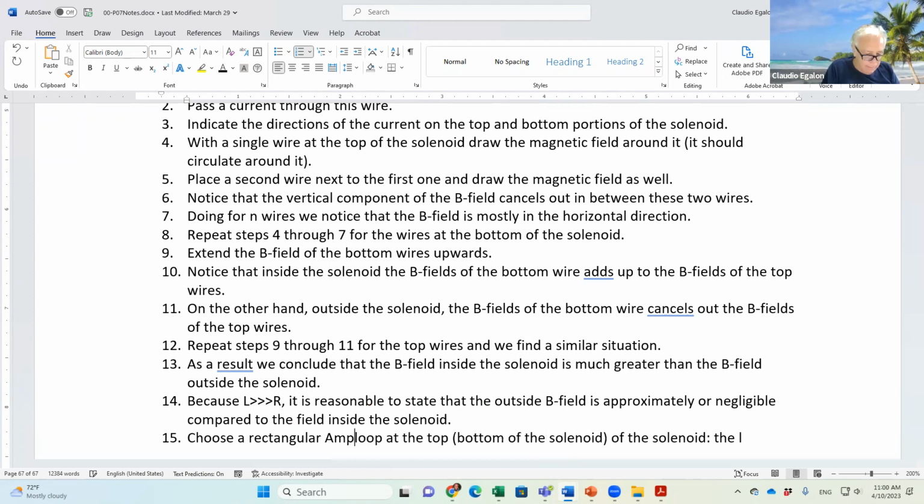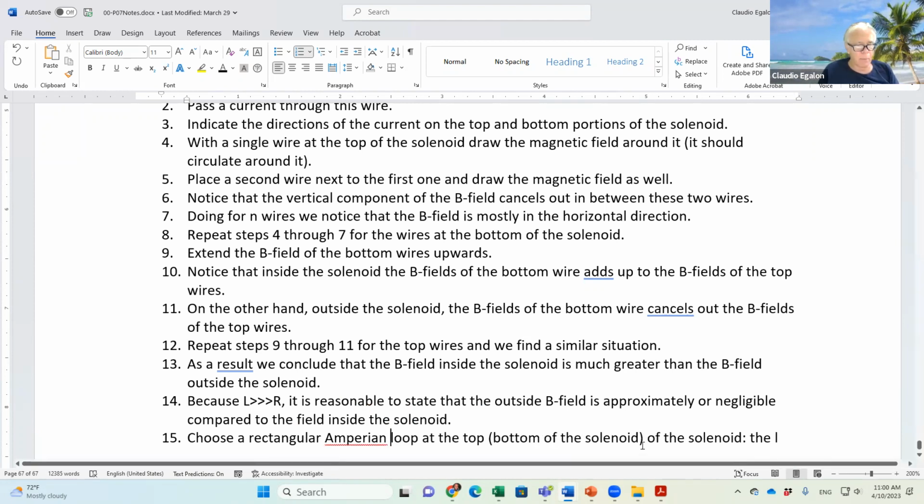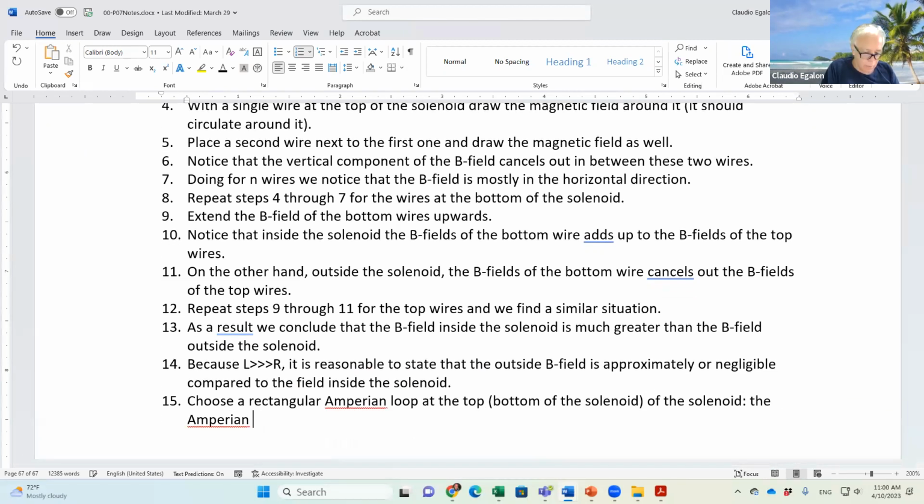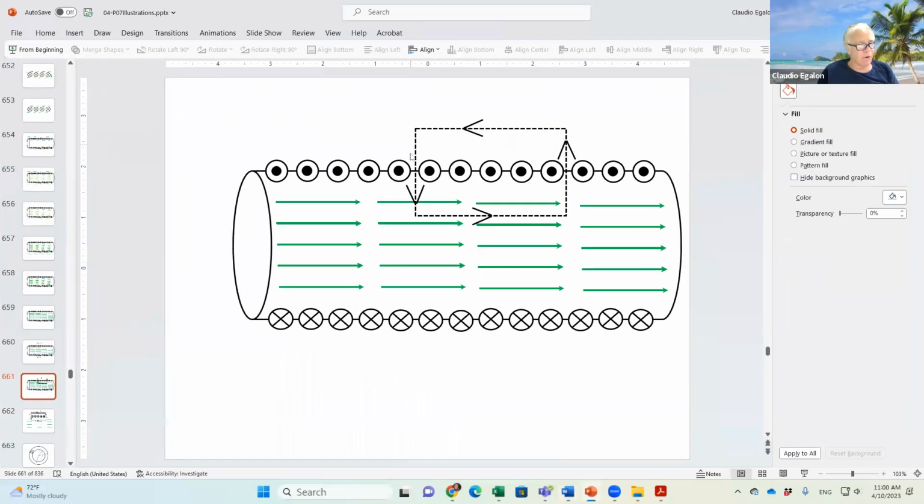I'm going to put that Amperian loop at the top. The Amperian loop has 4 sides, 4 paths, right? Now we have this problem in which we have 4 paths for our loop. 1, 2, 3, 4.